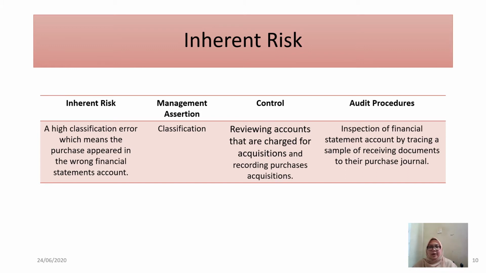So when the auditor looks at the company's control, the audit procedure that the auditor can do is inspection of financial statement accounts by tracing a sample of receiving documents to their purchase journal. This is to make sure that the staff correctly put the accounts payable in the correct financial statement account.